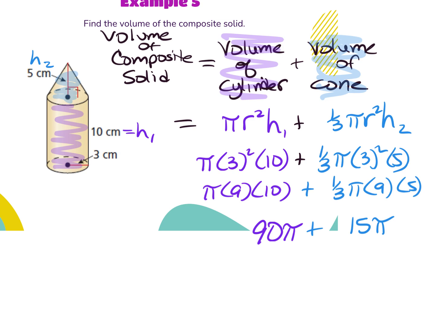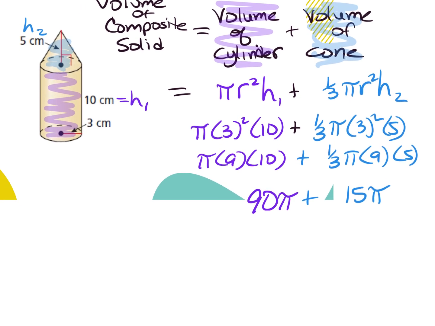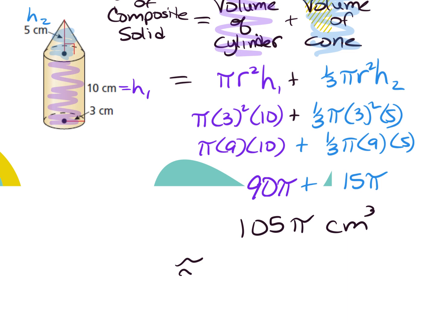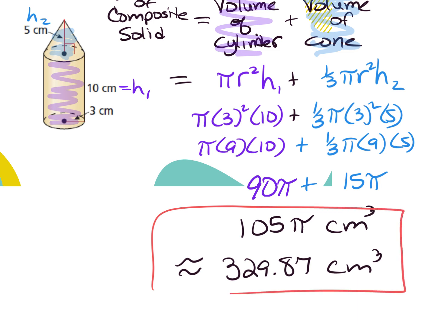Now, left in terms of pi, 105 pi centimeters cubed. However, using your calculator and rounding to the hundreds place, 329.87 centimeters cubed will be the final volume of that composite solid.